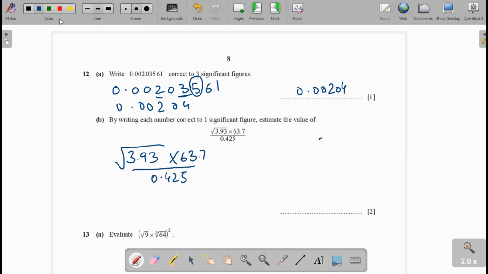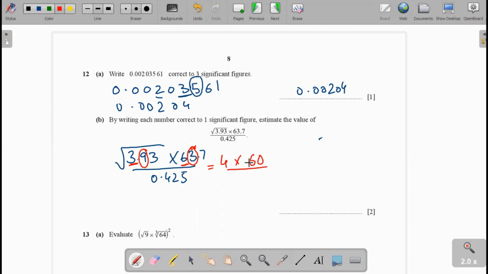Now the first SF value is this, the neighboring digit is greater than 5, so that value becomes 4. And for 63.7, the first SF value is this, the neighboring digit is less than 5, therefore we write it as 6 with 0 as a placeholder in place of 3.